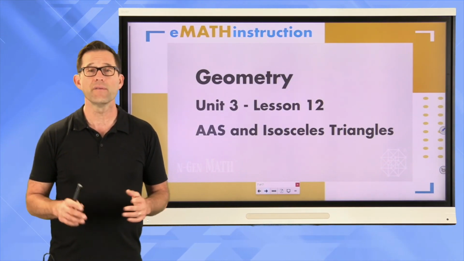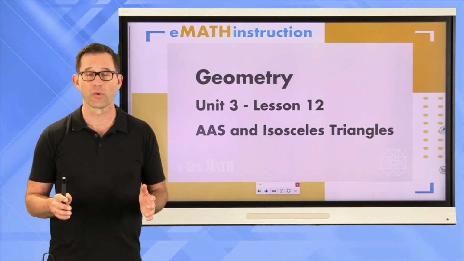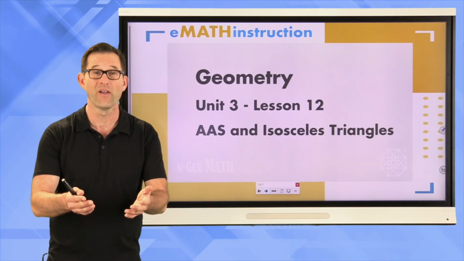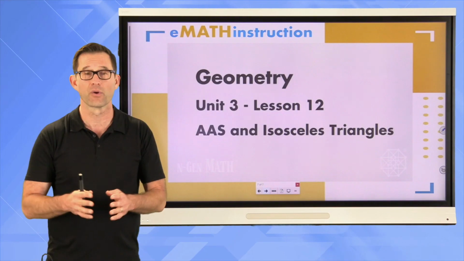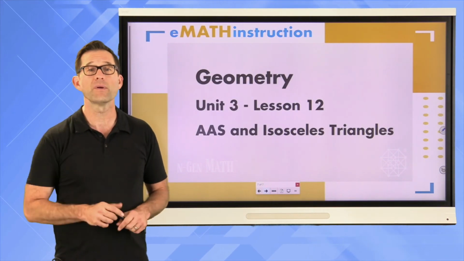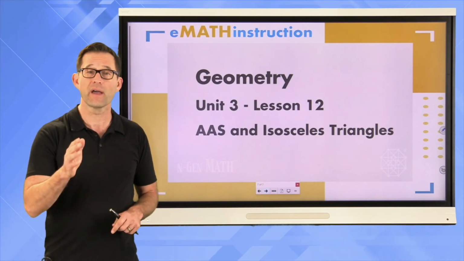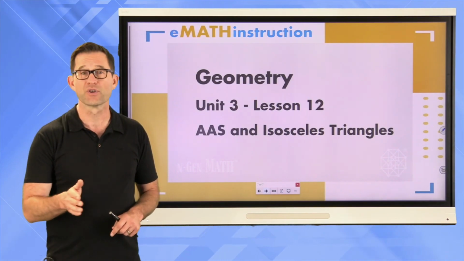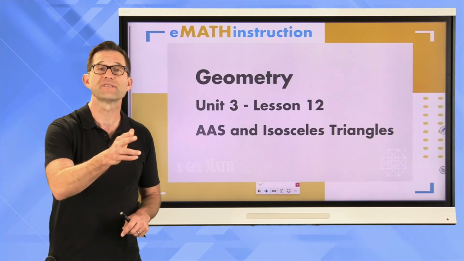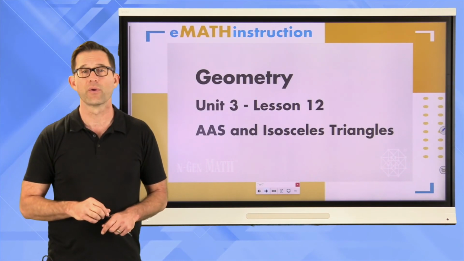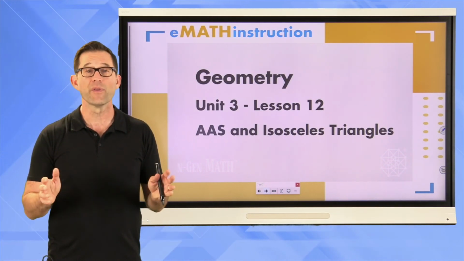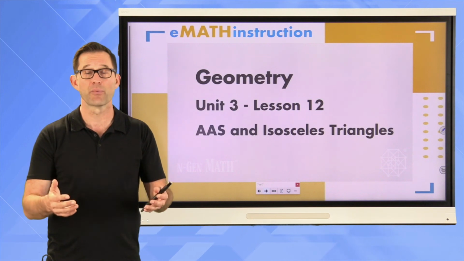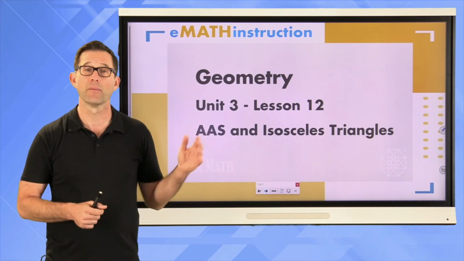One, if you have a triangle where two sides are congruent, an isosceles triangle, then the angles opposite the two congruent sides have to be congruent. We then flipped that on its head and said, if I have a triangle where two angles are congruent, then the sides opposite those two congruent angles also have to be congruent. Both of those theorems will come up in proofs and algebraic problems like the last one that we saw.